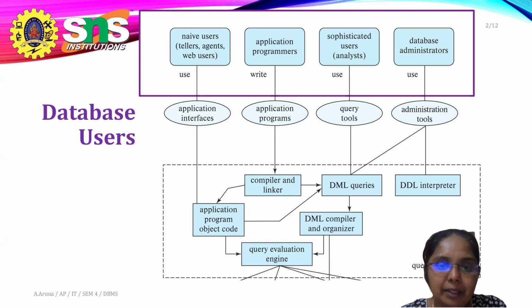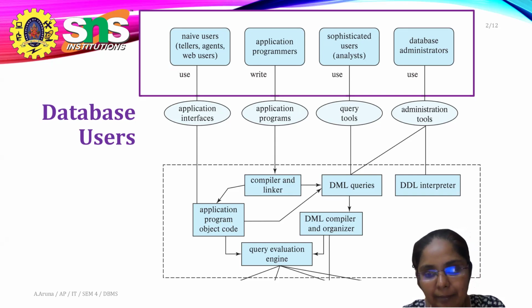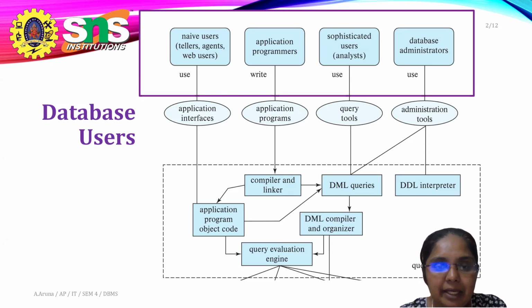The application programmer writes an application program, and through that they interact with the database. The next is the sophisticated user, meaning an analyst. Analysts use a query tool to retrieve data from the database. The last type of user is the database administrator. He or she uses certain administrative tools to access the database. So these are the major users available.